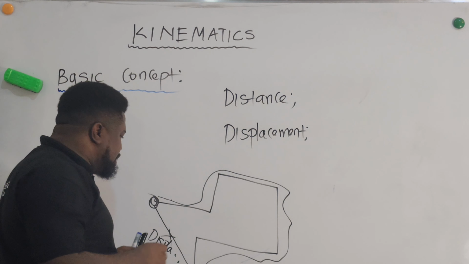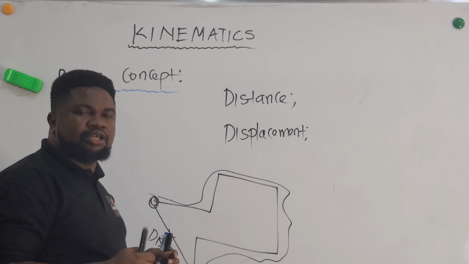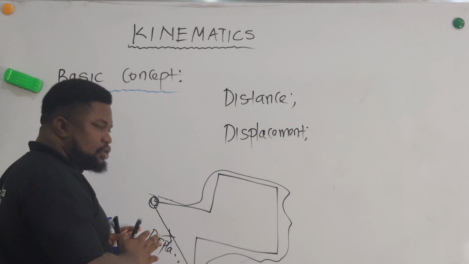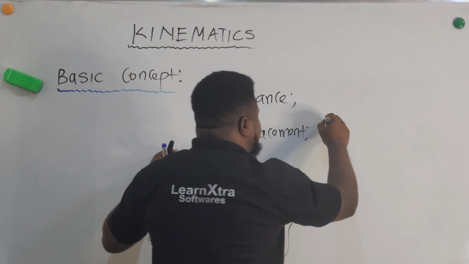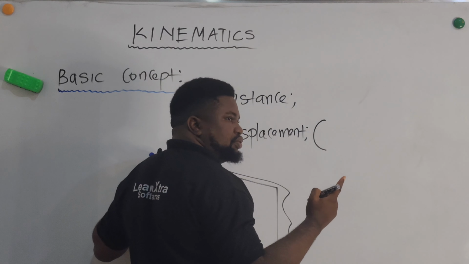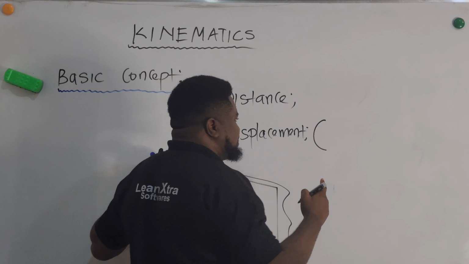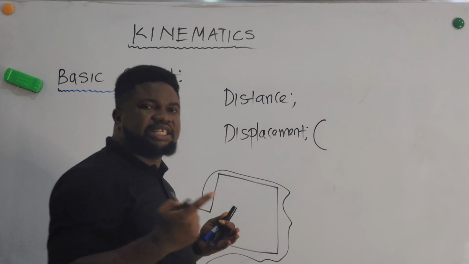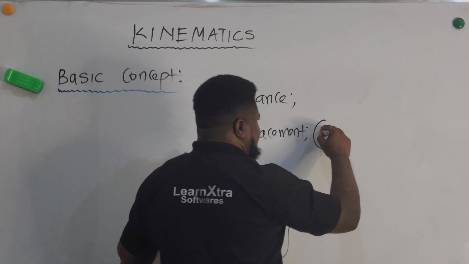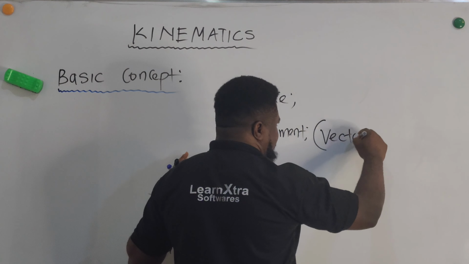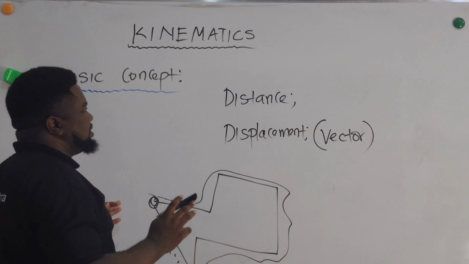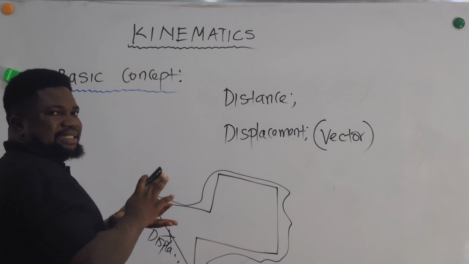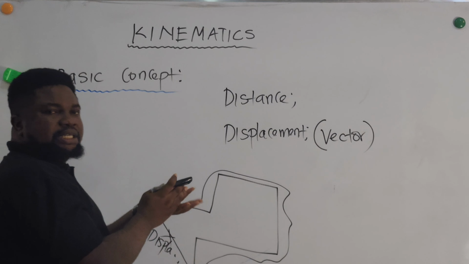Also, we include the direction of the motion. So we are saying that displacement has direction. Therefore, displacement is a vector quantity. It has magnitude and direction, while distance is just the total length, just the magnitude only.